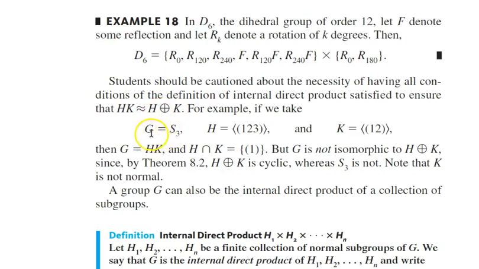For example, if G is the symmetric group S3, and H is the cyclic group generated by the permutation (1 2 3), and K is the cyclic group generated by the transposition (1 2), then indeed G is equal to HK, because every element of G can be written as a product of a power of (1 2 3) and a power of (1 2).